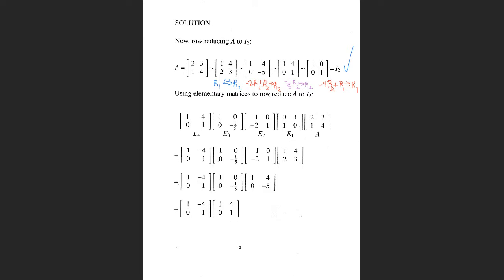Okay, so there were 4 row operations I did to finally row reduce the matrix A to show that the matrix A is row equivalent to the identity.